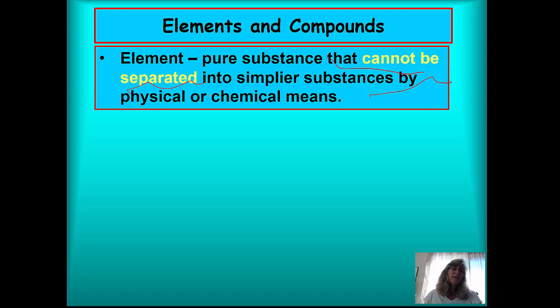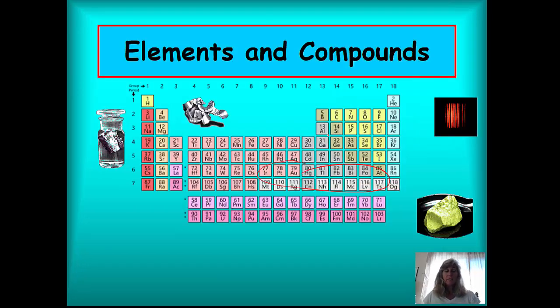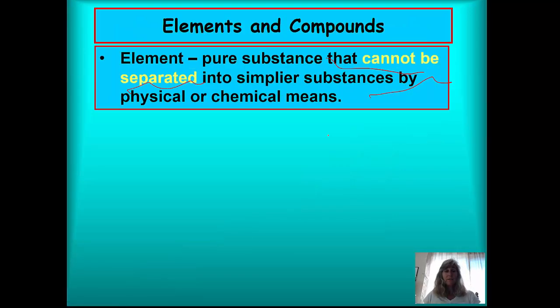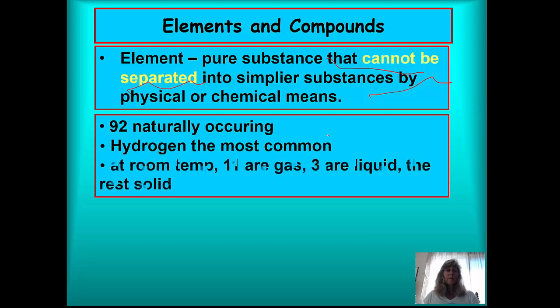I say by ordinary physical or chemical means because you could put some of these elements into a cyclotron or a linear particle accelerator, an atom smasher, but we're not talking about that. Basically, going back, there's 118 elements, and it's very difficult to separate those. So that's why we define them as an element. About 95 are occurring naturally off the periodic table.